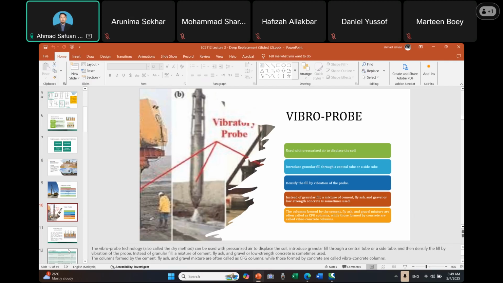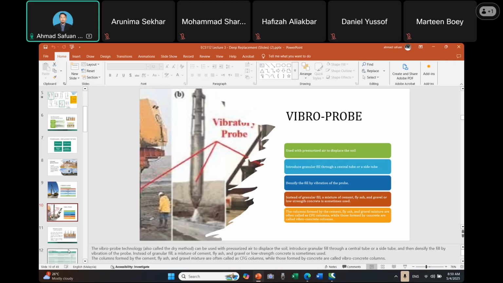Instead of granular fill, a mixture of cement, fly ash, and gravel or low strength concrete is sometimes used. The columns formed by the cement, fly ash, gravel mixture are often called CFG, while those formed by concrete are also called vibro concrete columns.